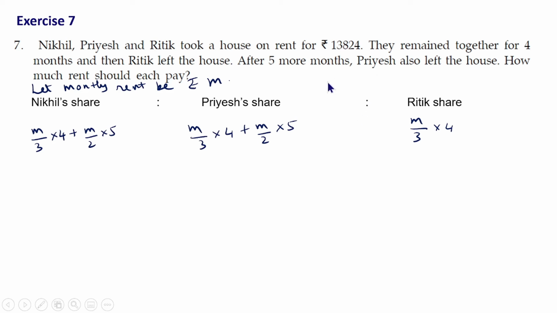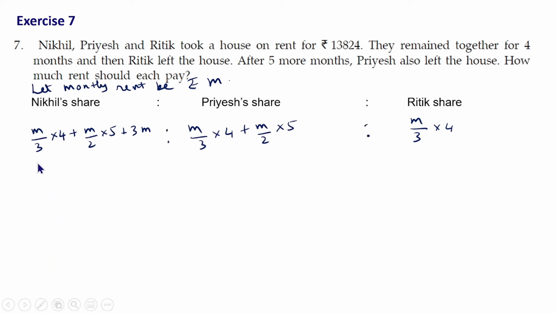And then after 5 months Priyesh also left, and for the remaining 3 months, that is here 9 months over, only Nikhil has stayed. So Nikhil has to pay plus 3M.